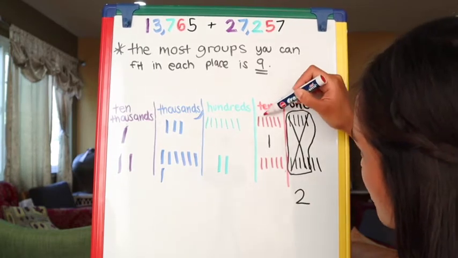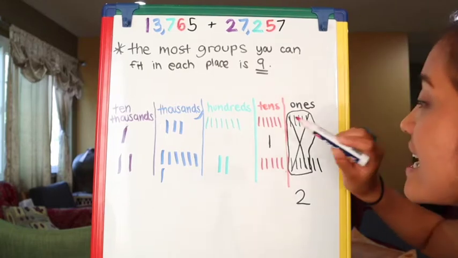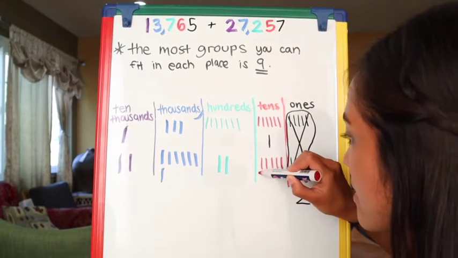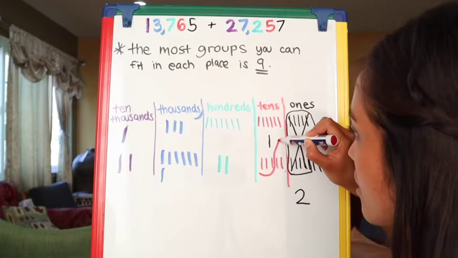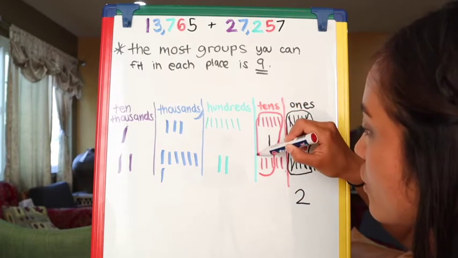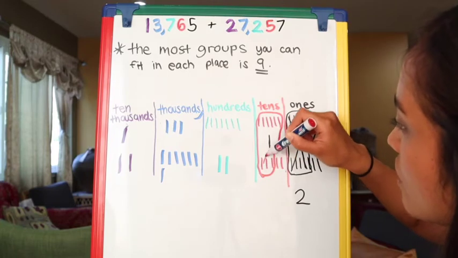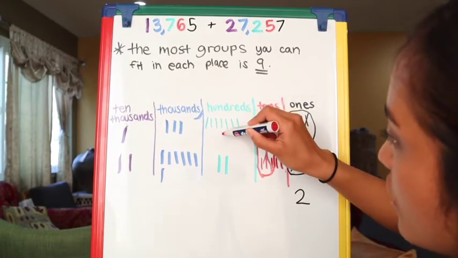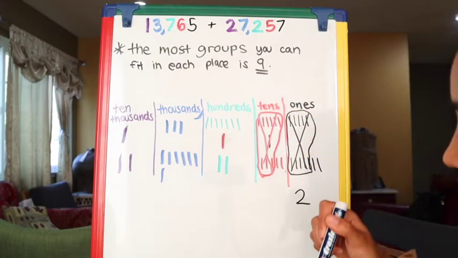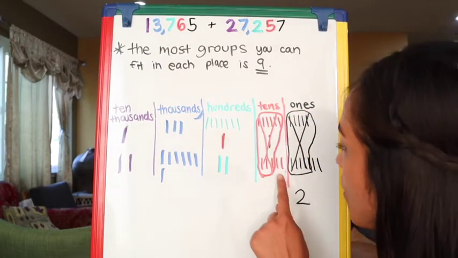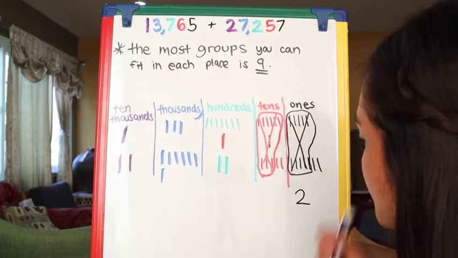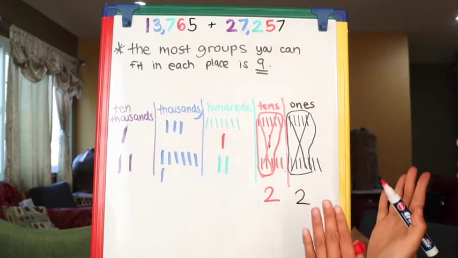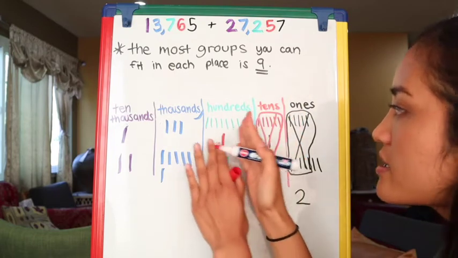Wait. 1, 2, 3, 4, 5, 6, 7, 8, 9, 10. So up to here, all of these, I'm gonna circle, cross them out, and move this group of 10 over here. Now, what are we left with? 1, 2. We're left with 2 groups of 10s because we moved all of these to over here.